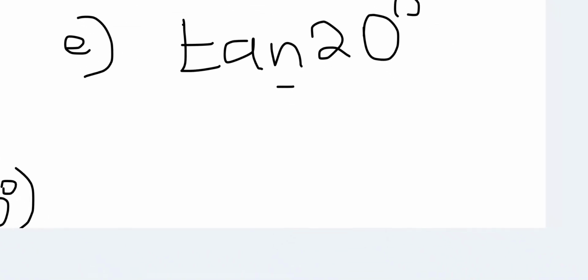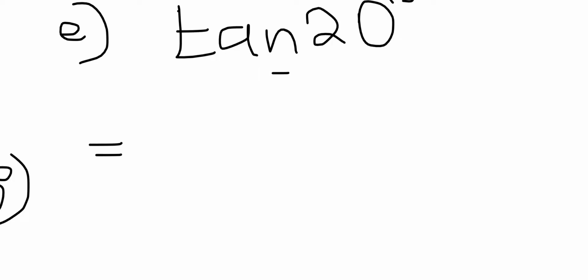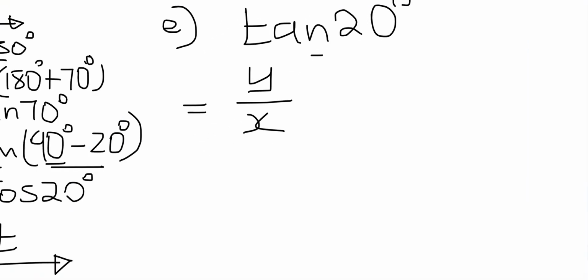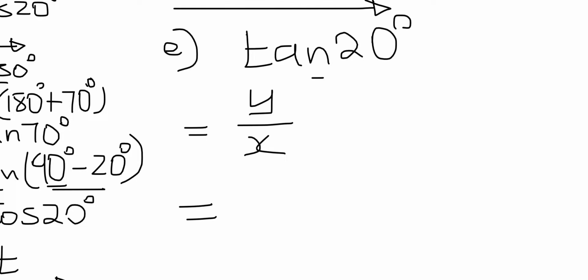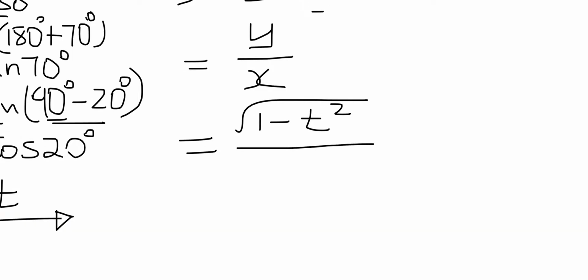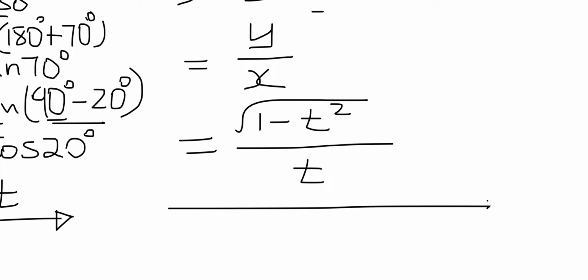Again, the angle is reduced, so all that you need to do is to write the ratio for tan, which is y over x, and with our reference angle being 20, I hope you still remember that y is the square root of 1 minus t squared over our x value, and that one we have figured out to be t, and that is the end of it.